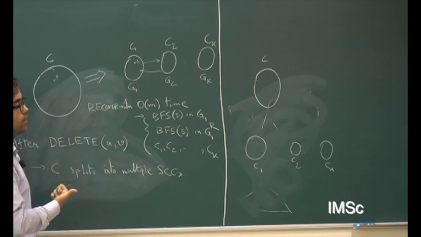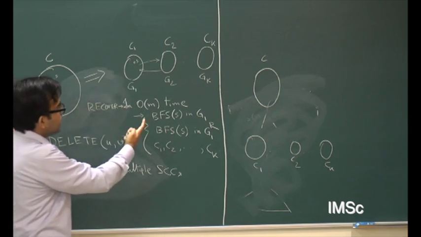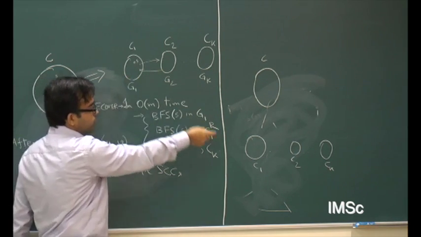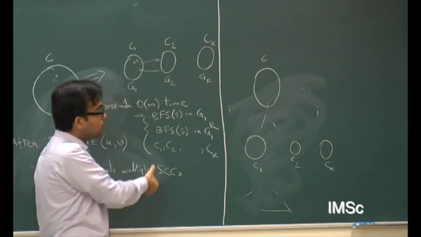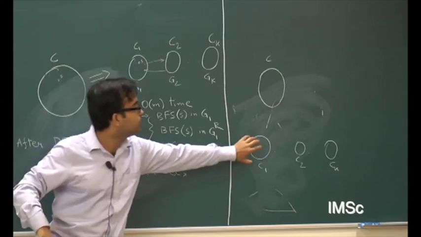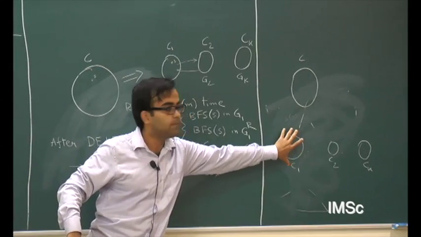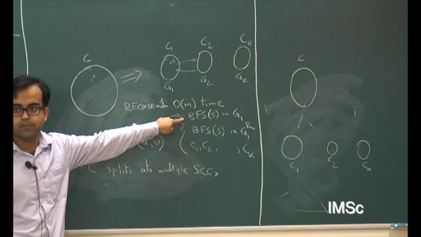When is the good case for us? The good case is if S belongs to the largest of these components, right? Because then you can just subsume the update time for maintaining that by just looking at maintaining this BFS tree data structure.